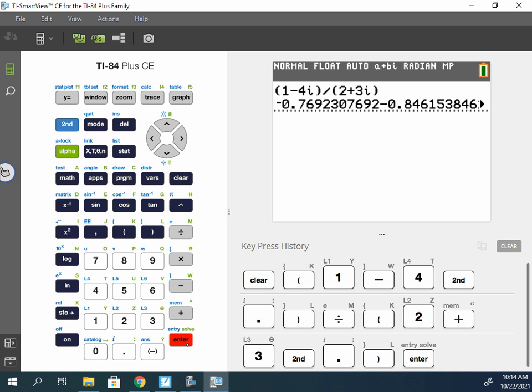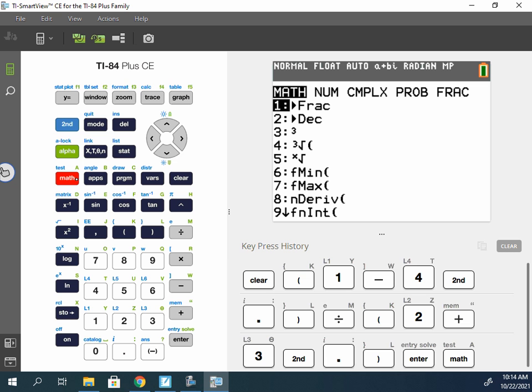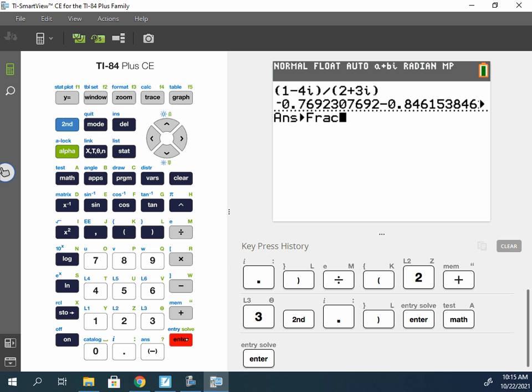Is there a way for us to turn this back into fractions? Math? Enter, because the first one is fractions. Enter. It will do it, we just have to use a few more steps.